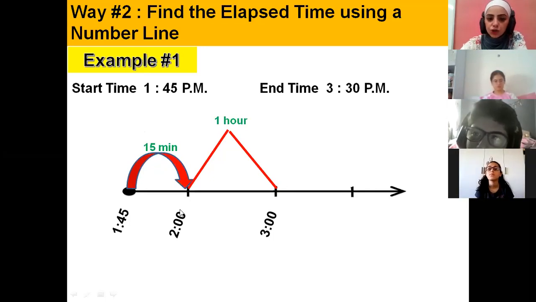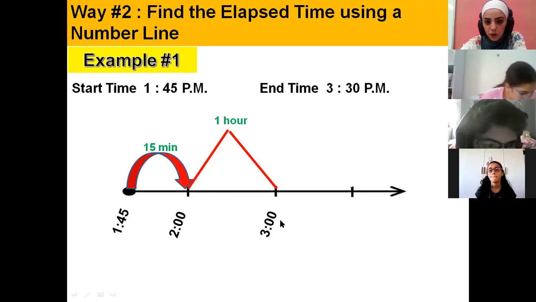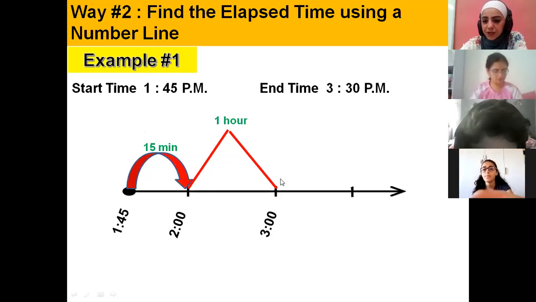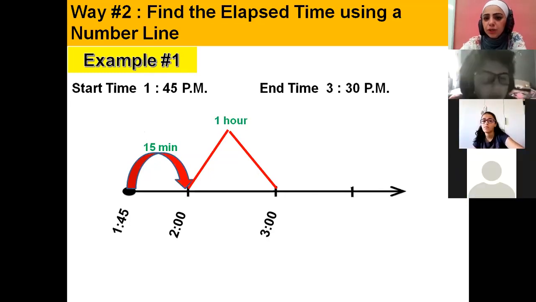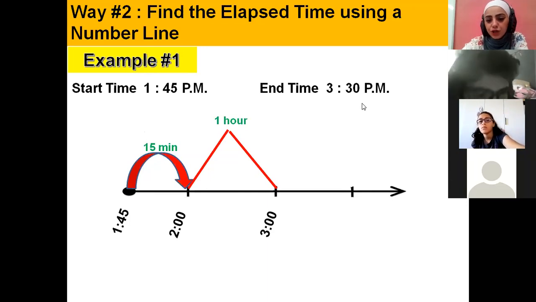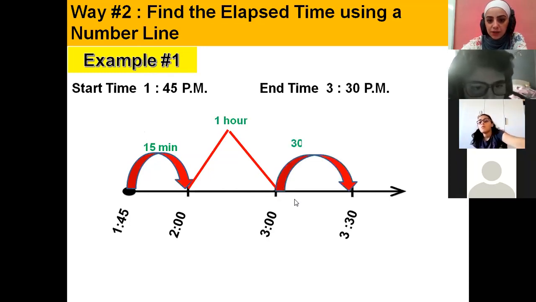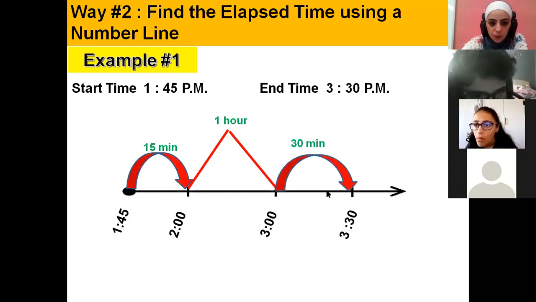So 2 to 3 is 1 hour. Now, do we need to go from 3 to 4? Look at the ending time. Did we reach 4 o'clock? No, so we don't need it. We just reach 3:30. From 3 to 3:30 is 30 minutes. So look at our arrows.